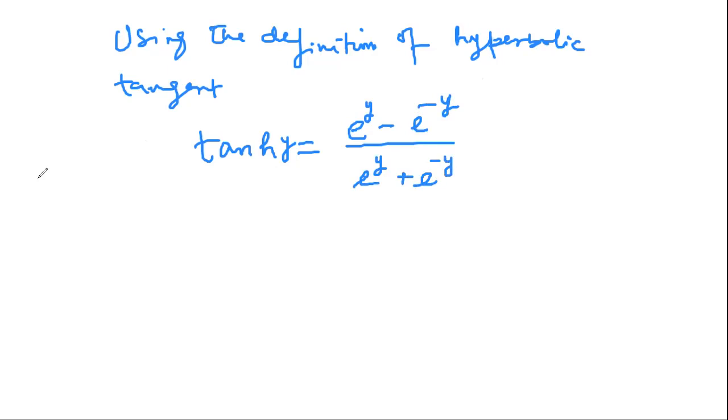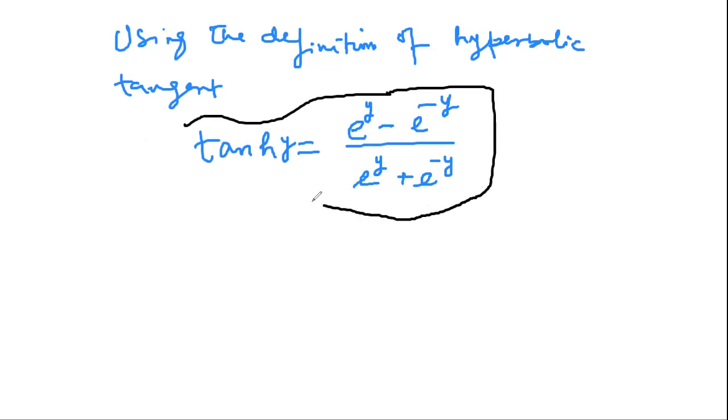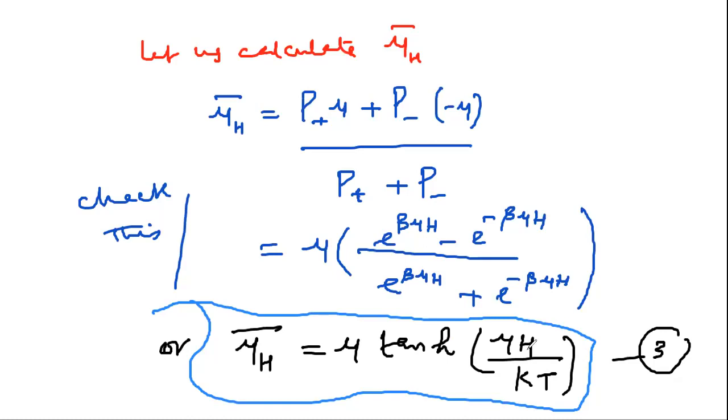This is the definition of tan hyperbolic of y. We have made use of it. Now remember our y is this beta mu h, which is mu h by kT.